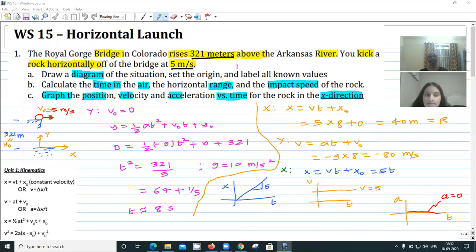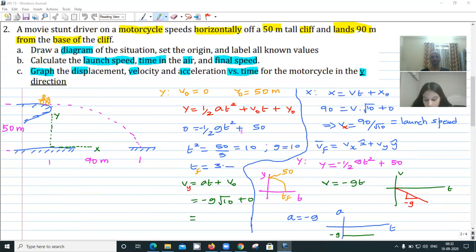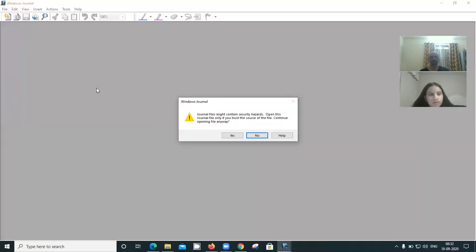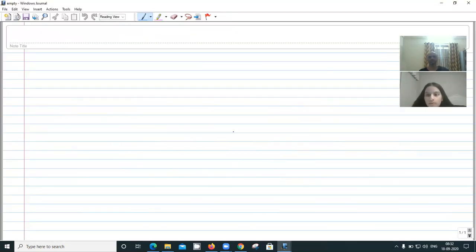See, the only difference, horizontal launch means the initial velocity is horizontal. So there is no vertical component of the initial motion. But when it's symmetric launch, yeah, we talked about that. I think I sent you the doc. I'll give the general idea.